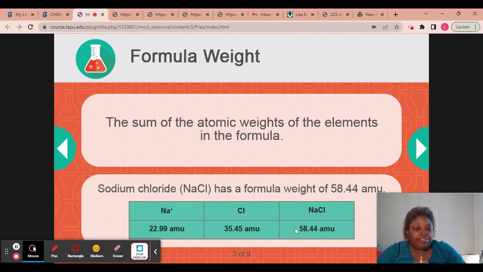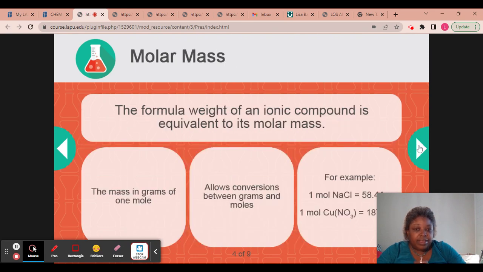That is how you find the formula weight. The units are going to be AMUs. To find the molar mass, it is the same. The only difference is that 1 mole of sodium chloride is 58.44 grams of sodium chloride. So the only difference is the units, okay?